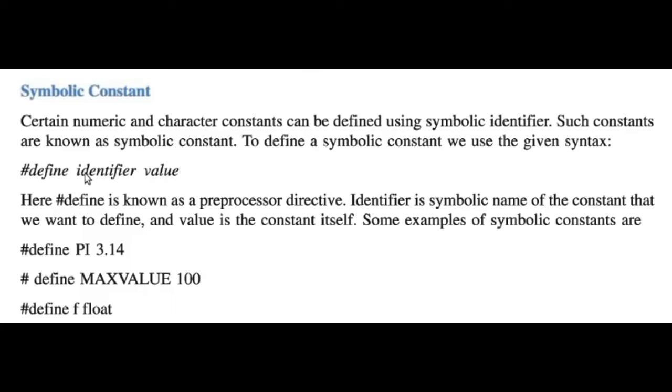This is that example. In the same way, if you want to give a name to a value, for example 100, MAXVALUE is the identifier that we are giving to this value 100. So in our program, whenever we use MAXVALUE, it will automatically take the value 100.